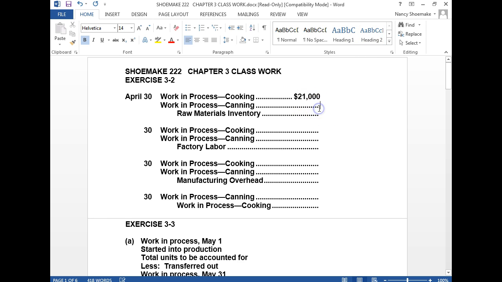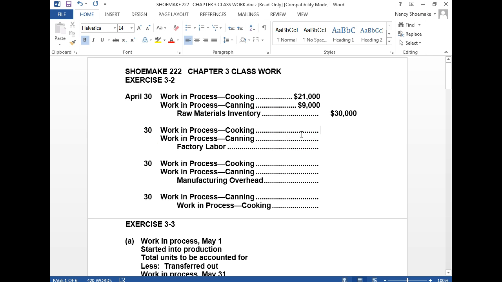And how many dollars worth of raw materials got put into canning? 9,000. So out of raw materials inventory, how much is that? 30,000? Now, factory labor.